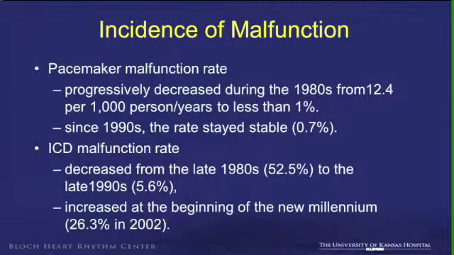Whereas the ICD malfunction rate, which includes generators and the leads, has had a biphasic or bimodal distribution of the incidence. It decreased significantly from the 80s to the 90s. However, at the beginning of the new millennium, it increased. This is 2002, and even 2005 and 2009. Again, there has been an increase in the malfunction rates.